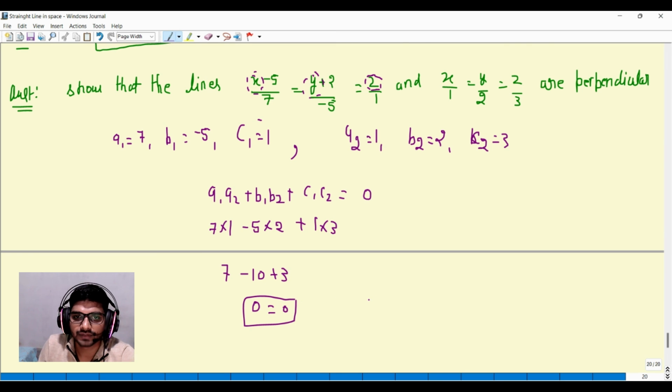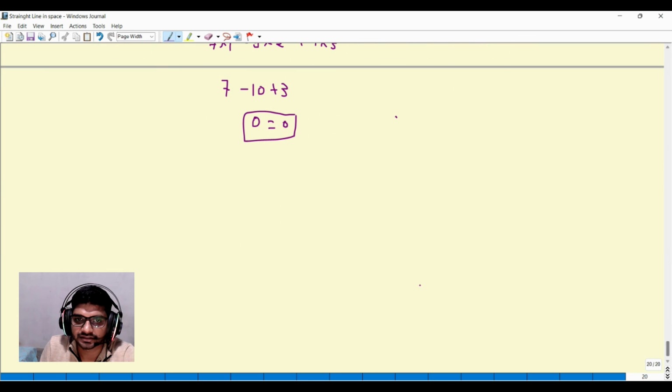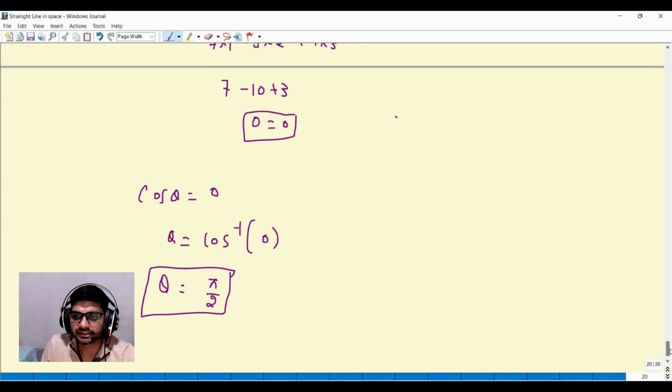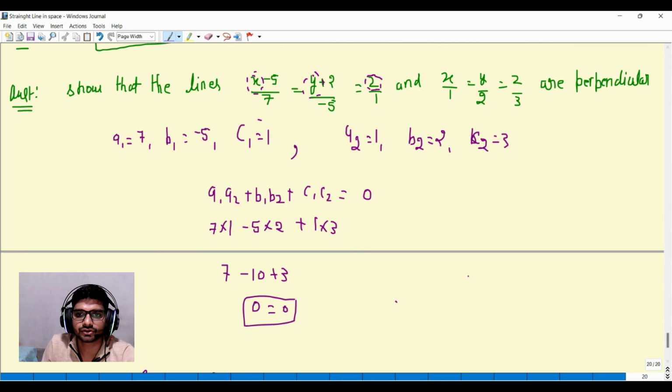When this is 0, that means cos theta equals 0. Then theta equals cos inverse 0, which gives pi by 2. So we can use this formula.